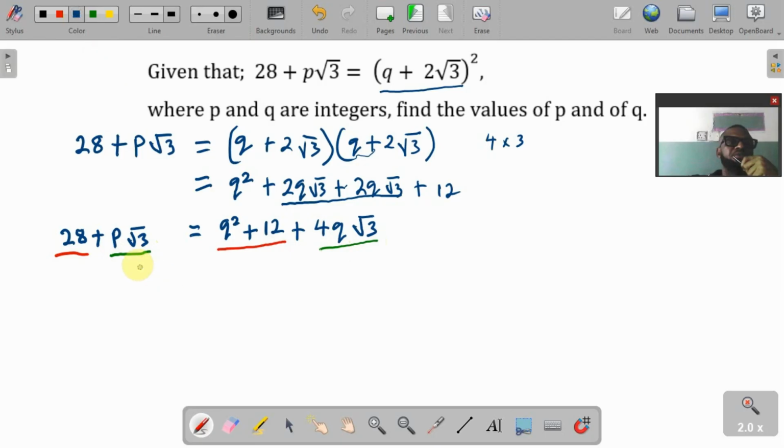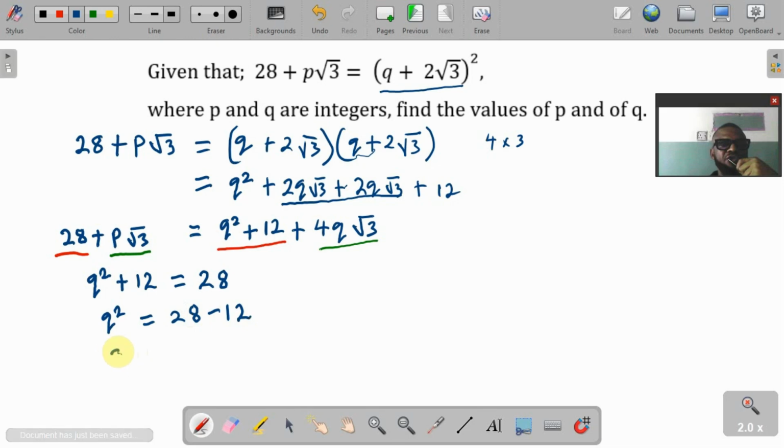Now, when we say Q squared plus 12 is equal to 28, it means that Q squared is equal to 28 minus 12, and Q squared is equal to 16.